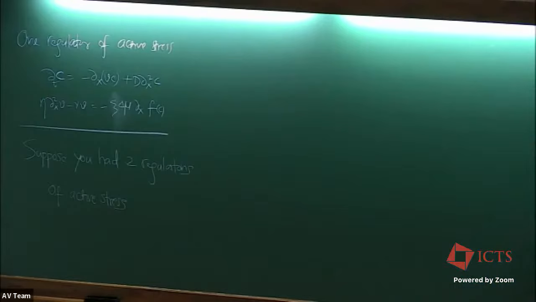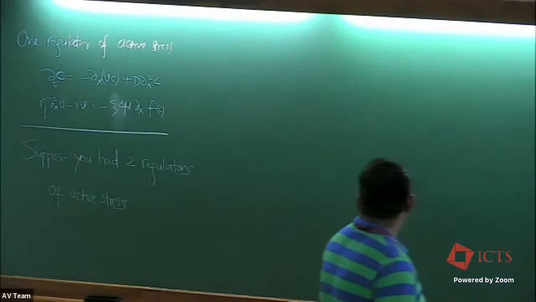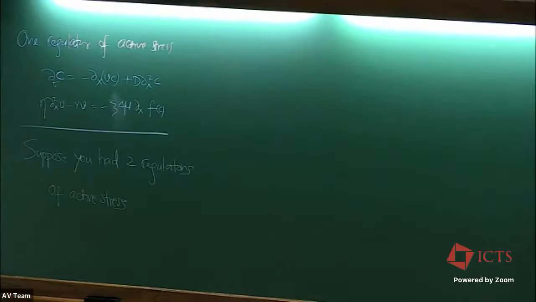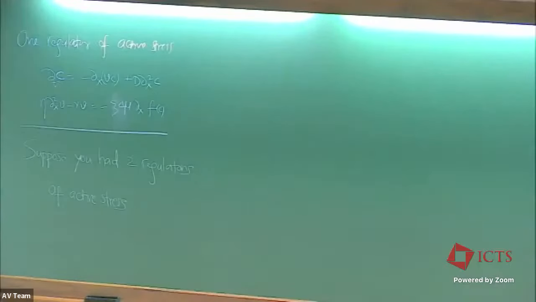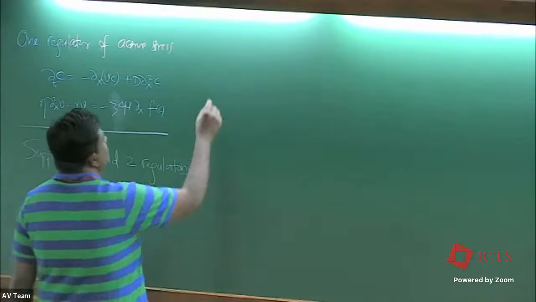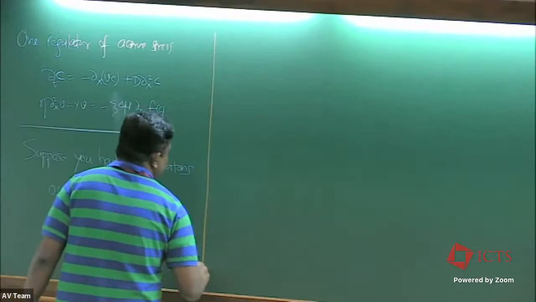The motivation, of course, was that when we looked at the kind of patterns that come up in the cortex, you saw that the patterns were there, but they were oscillatory. So it was a natural question to ask why the patterns are oscillatory. We wanted to understand oscillatory patterns in active fluids.